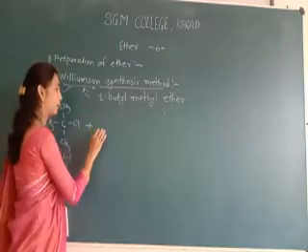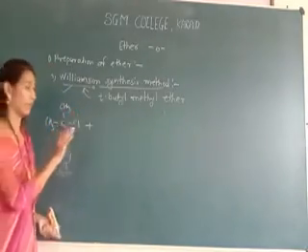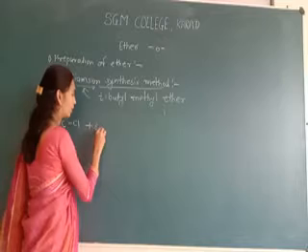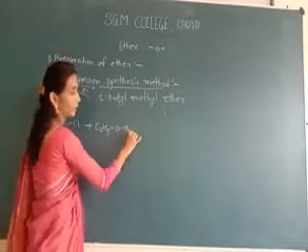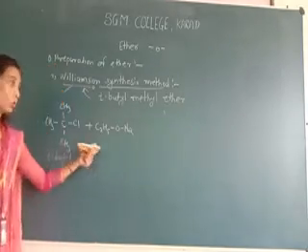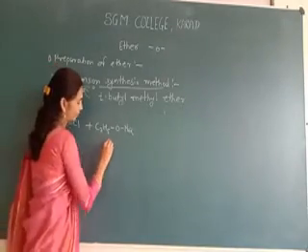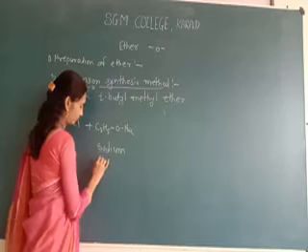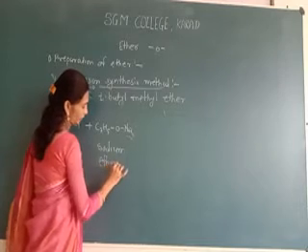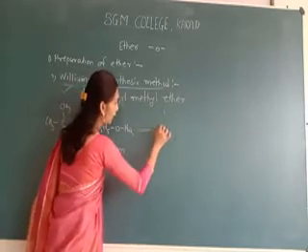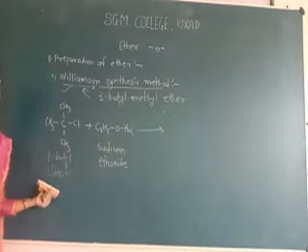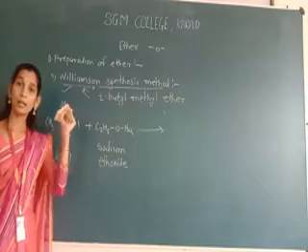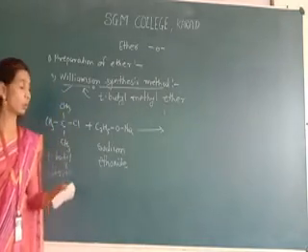Here we are taking the example of sodium ethoxide, C2H5ONa. This sodium ethoxide, when it reacts with this tertiary butyl chloride, then we are getting the butene.